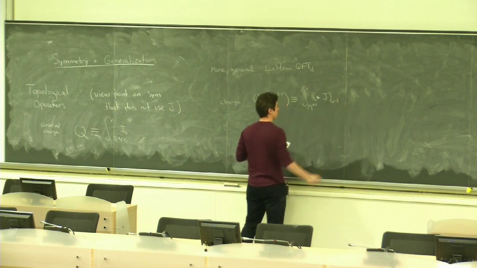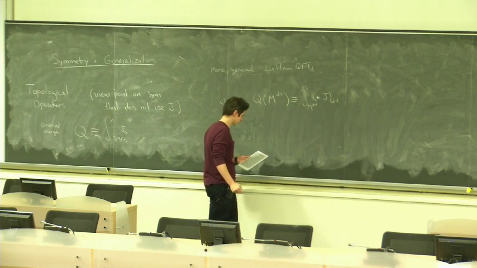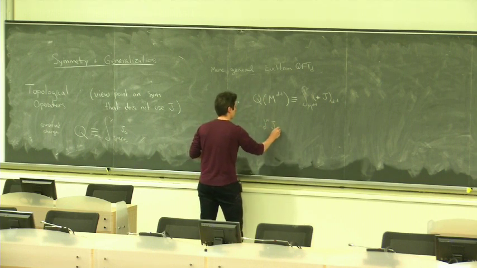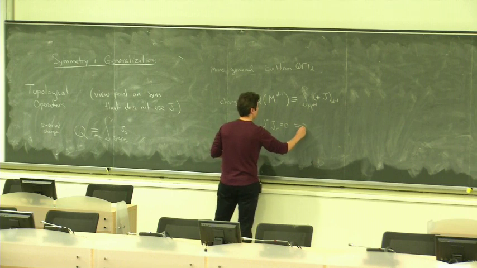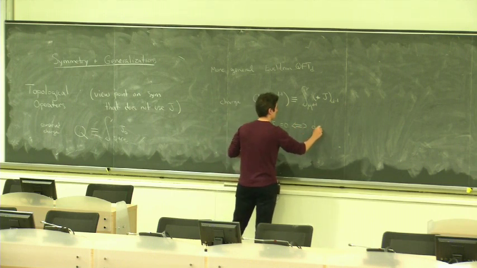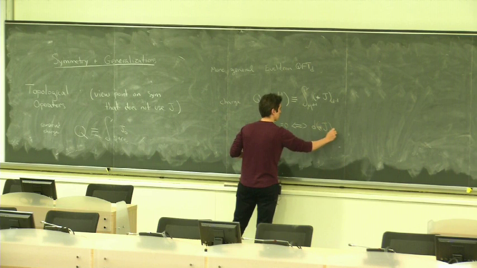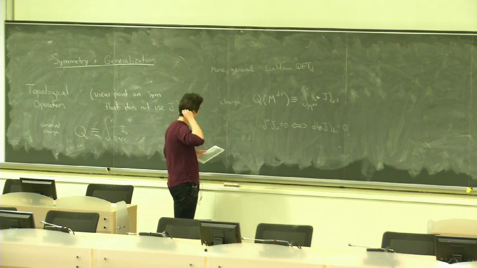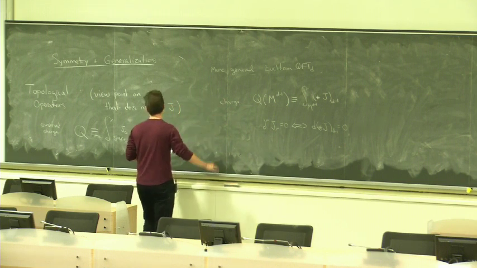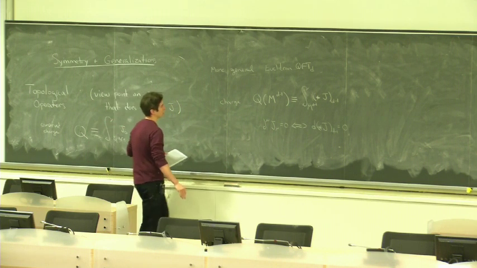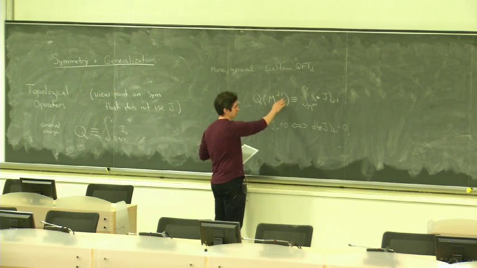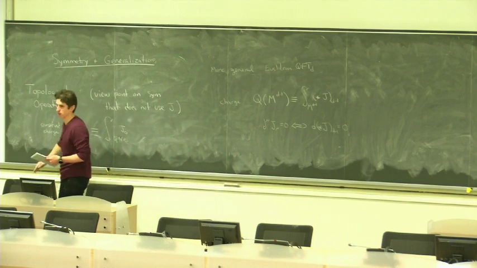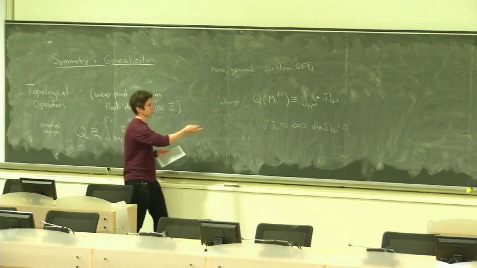So this integral looks good as an integral of differential forms. I remind you that ∂_μ J^μ = 0 is the same as saying that d of star J, as a d-1 form, is 0. This is a generalization of the earlier formula, because here M_{d-1} could be any d-1 manifold. Before, we were just talking about some spatial slice, maybe R^{d-1}. Here M_{d-1} could be a sphere, for instance.